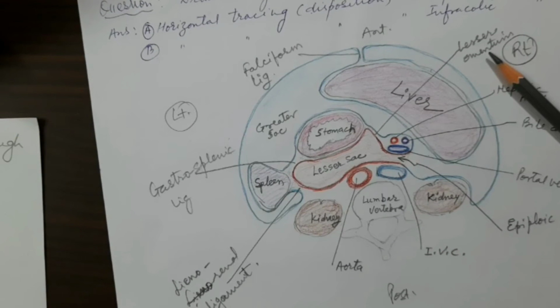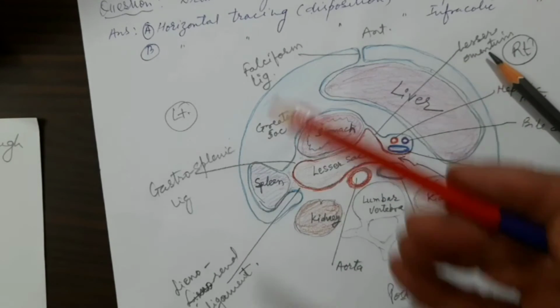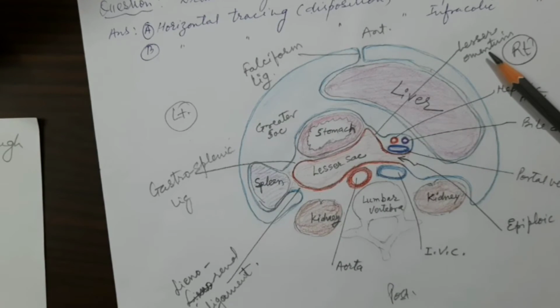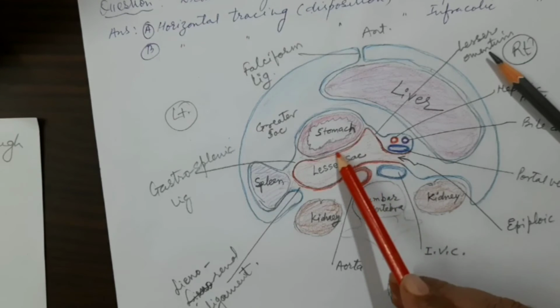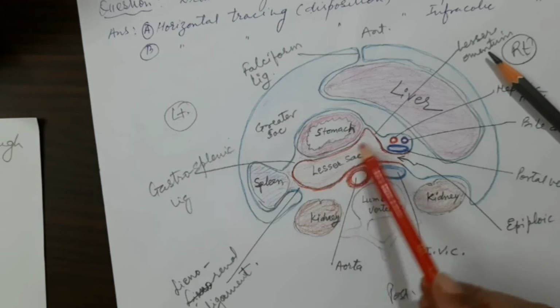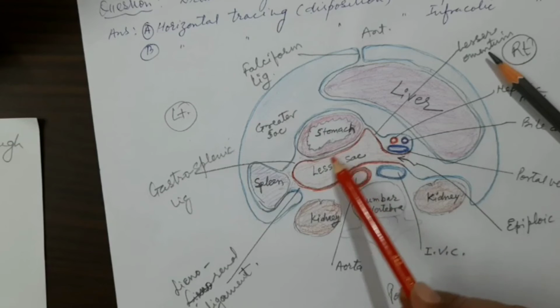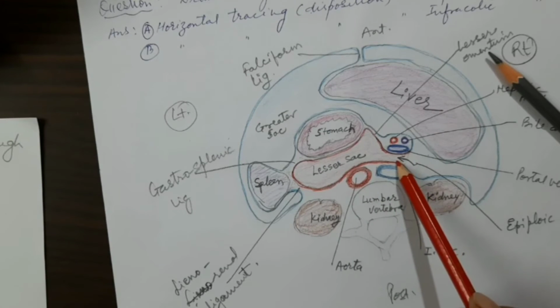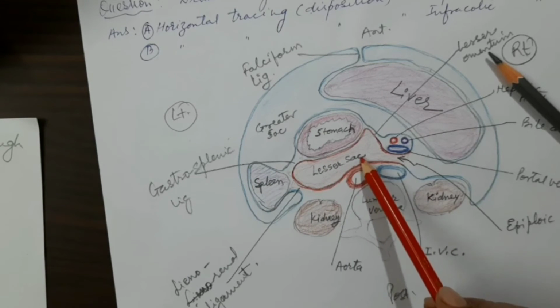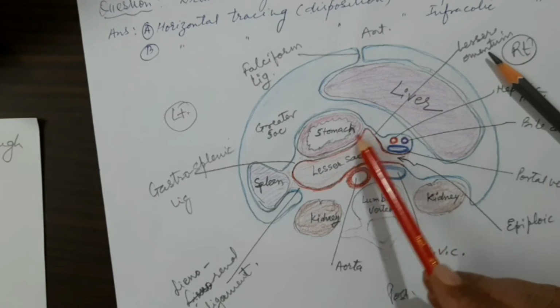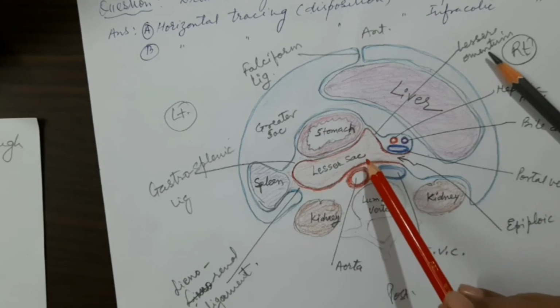So this is the same peritoneal fold forming a single tracing, but here purposefully I have given the red lining and shaded it with red color, because this is the lesser sac. We will see the boundaries of the lesser sac in the next video.